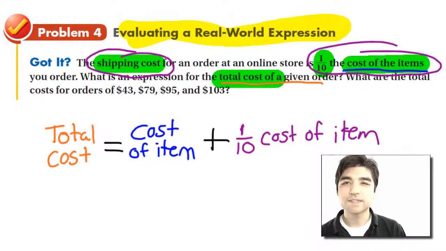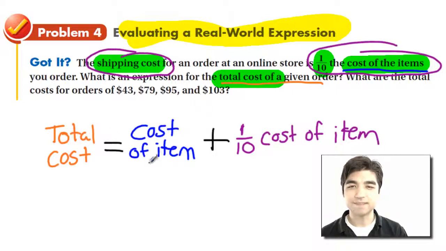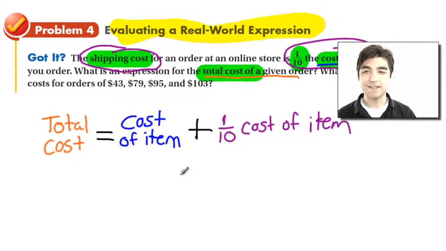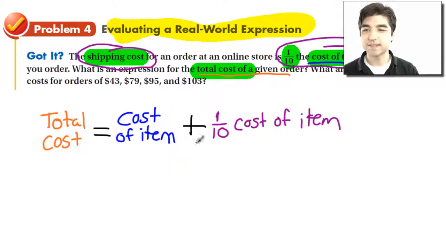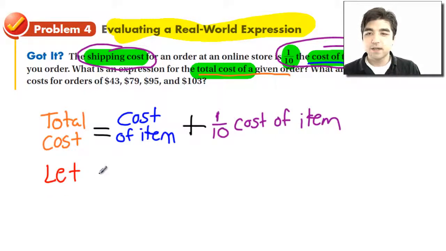Okay, so now instead of all these big sentences, let's change these into actual variables and constants. So let's define our variables. Let x equal cost of item, right?